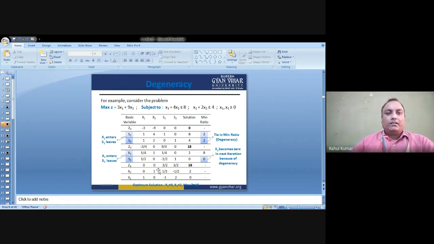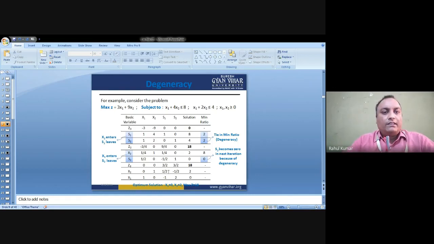Now what is the minimum ratio for this case? Here 8 by 1 is 8, this is the maximum, and here 4 by 1 is 4. So the minimum ratio is here, 8 by 4 equals 2, and 4 by 2 equals 2. This is the minimum ratio for this case, right?